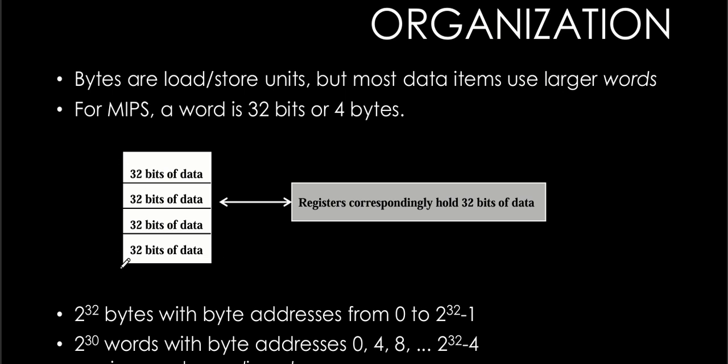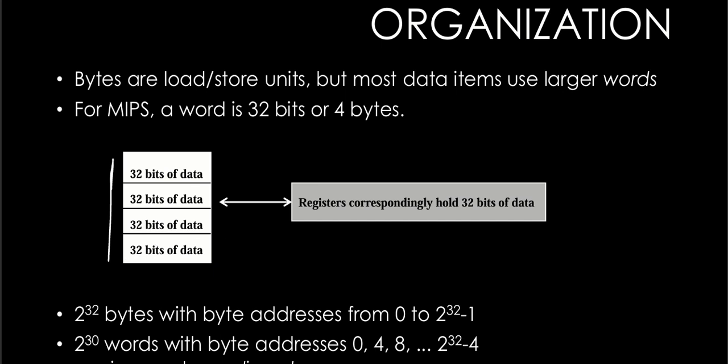So this is how the memory looks in MIPS. You have 32 bits of data, 32 bits of data, 32 bits of data. Each one is a word. And this 32 bits is made up of what? 4 bytes.